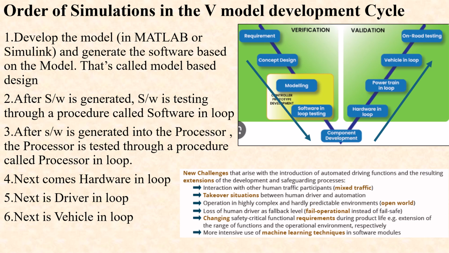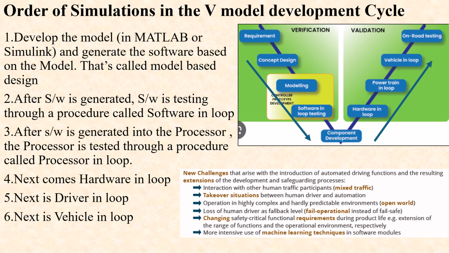Now, the order of simulations in the V model. Especially during the validation, what are all the various types of testing which happen? Which are the various types of simulations which happen? First and foremost is to develop the model and generate the software based on the model. In the model based design chapter, you will clearly understand what this is about.